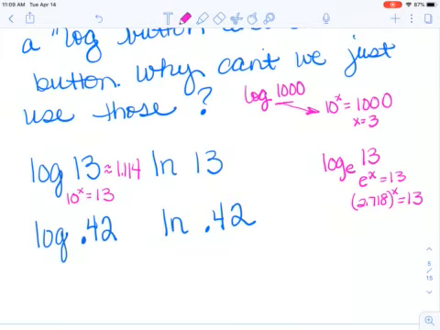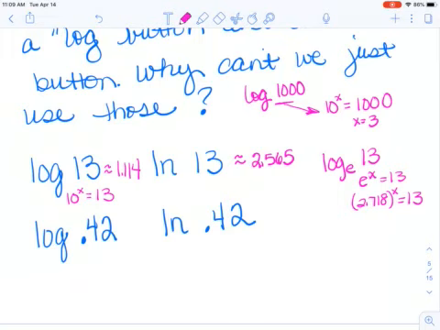I know that it's probably a number between 2 and 3, just estimating because 3 squared is 9 and 3 cubed is 27. 2.7 is not that far off. So it's probably a number between 2 and 3. So again, this one I could use my graphing calculator or my scientific calculator for. I would push in natural log of 13, and I would find out that it is about 2.565.